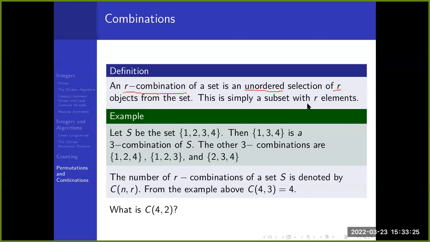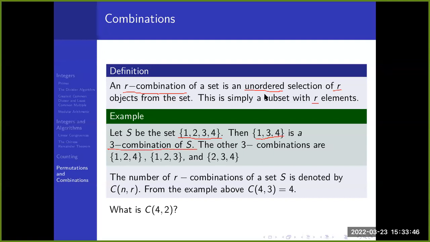So this is simply a subset with r elements of the set. So let's look at some examples. If S is this set, this subset consisting of 1, 3, 4 is an example of a 3-combination of S.